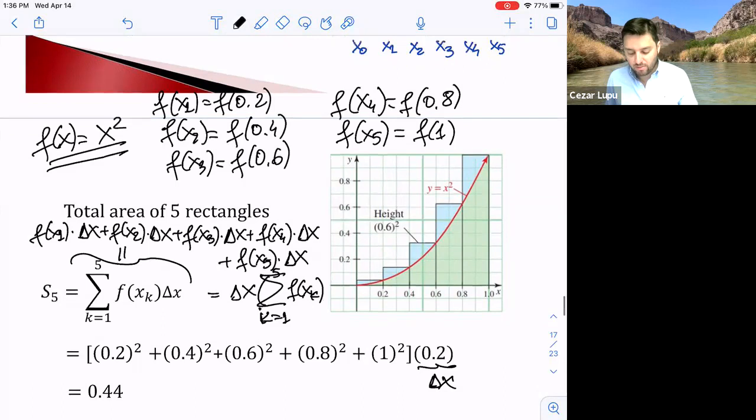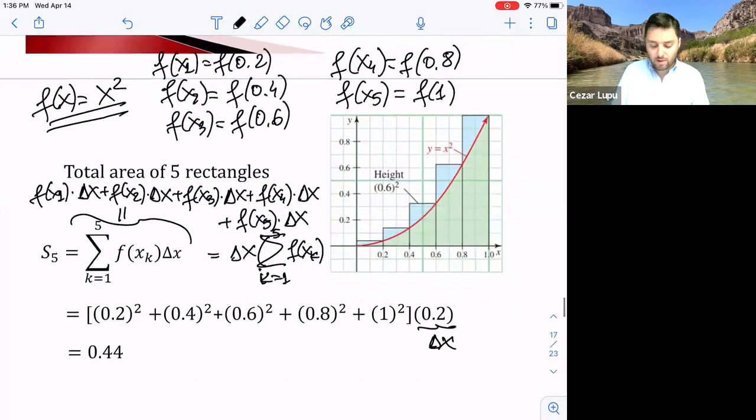And then guess what? When you do the algebra, and you can trust me, you can check this with a calculator, you will end up with 0.44. So the area under the graph of the function f of x equals x squared when x goes from 0 to 1 is 0.44.